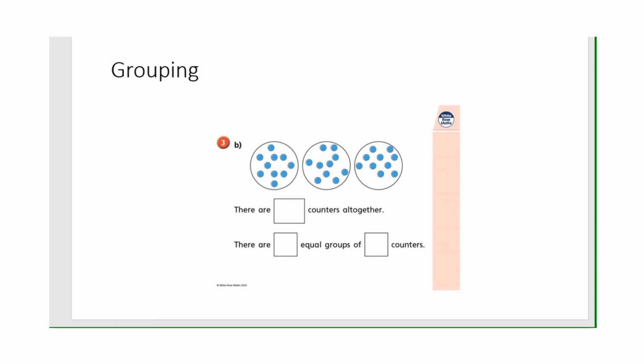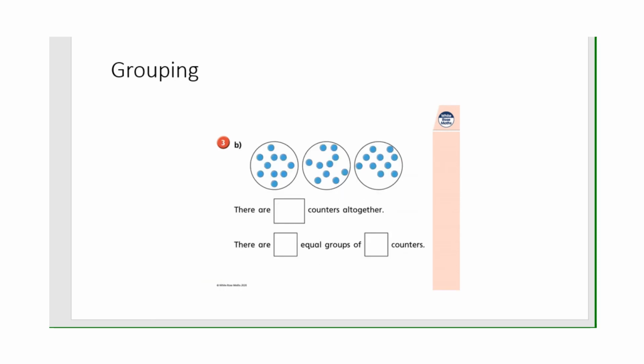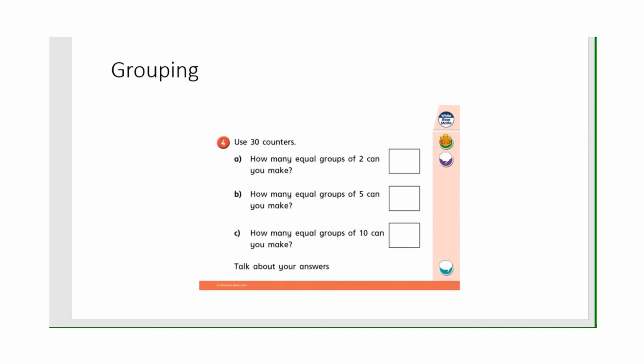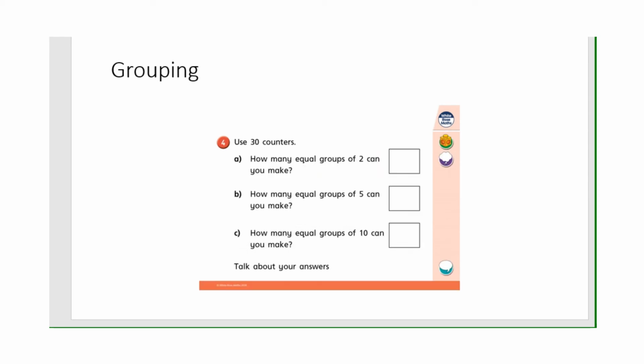So the first one would always be, there are 30 counters altogether. How many equal groups of 2 counters can you make? How many equal groups of 5 counters? So equal groups of 2 counters, equal groups of 5 counters.